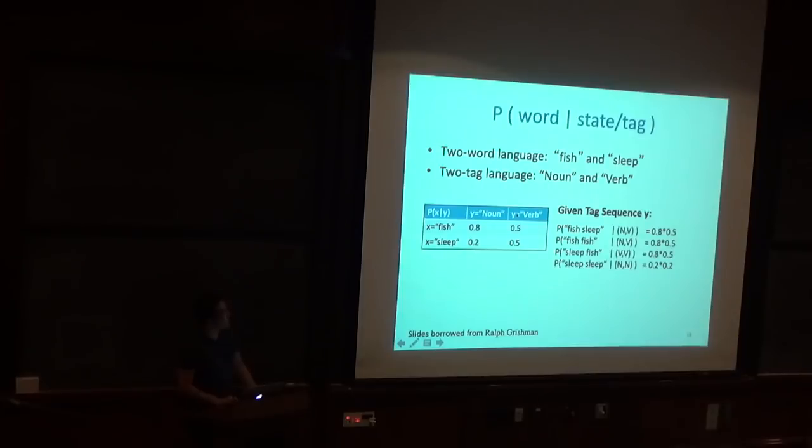If the current part of speech tag is verb, then the probability of fish is 50% and the probability of sleep is 50%. And so the probability of observing fish sleep, given that y equals noun verb, is simply 0.8 times 0.5. This is just a grounded example rehashing what we saw a couple slides ago.